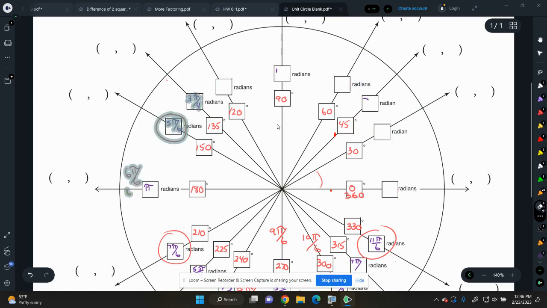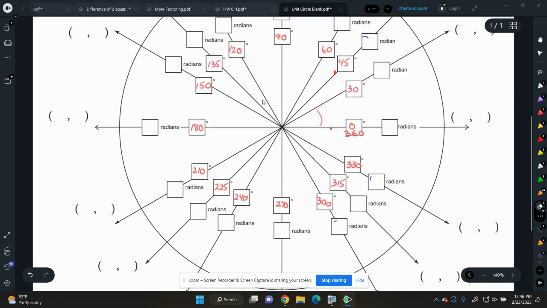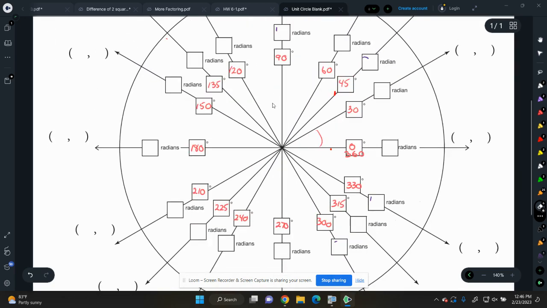I have my own little strategy which I will share with you, and maybe they do the same thing in the video. In the video, they're going to start talking about filling in the coordinates of the unit circle also. For now, I just asked you to fill in the radians.